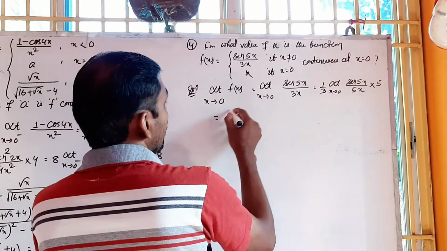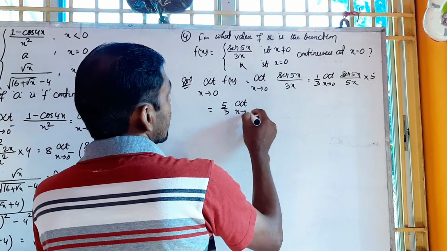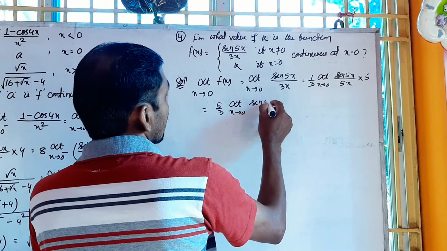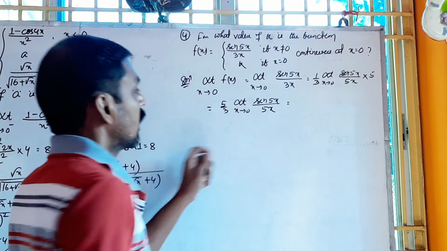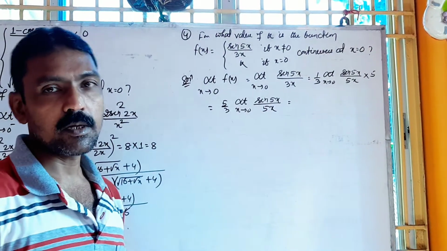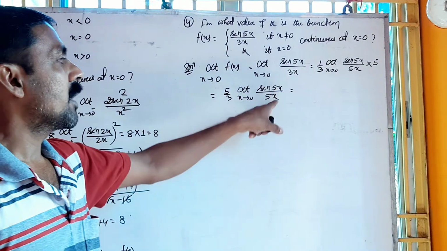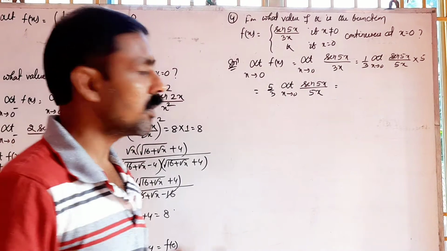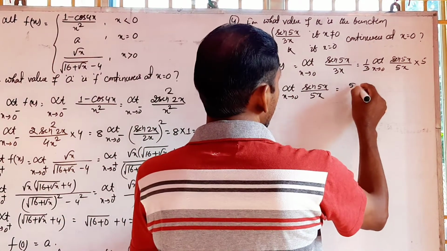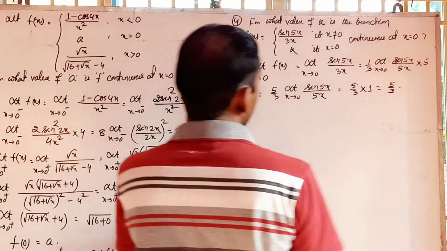So it is 5 by 3 limit x tends to 0 of sin 5x by 5x. Now here x tends to 0 means 5x also tends to 0. So if we take 5x as theta, it will be in the form of sin theta by theta, theta tends to 0, which is equal to 1. So it is 5 by 3 into 1 equal to 5 by 3.